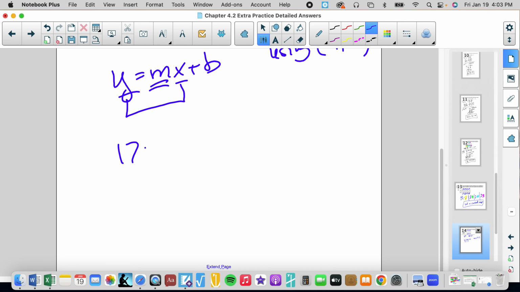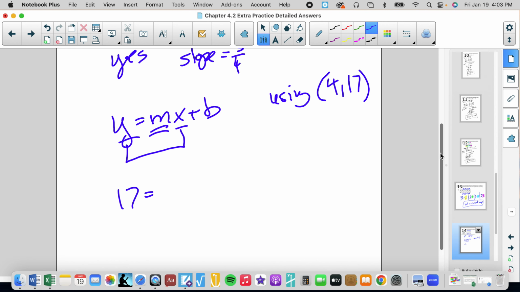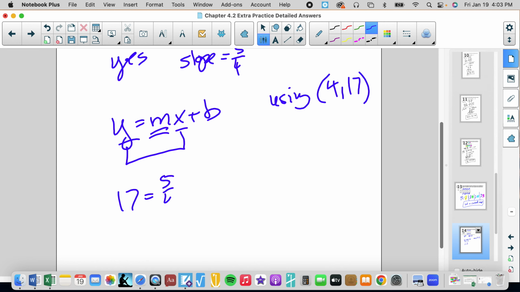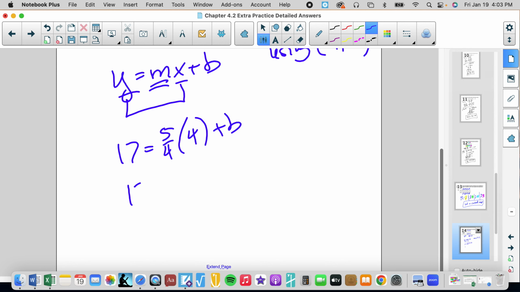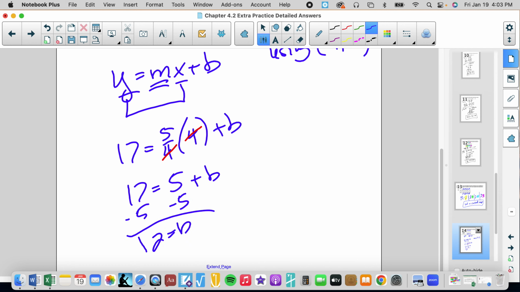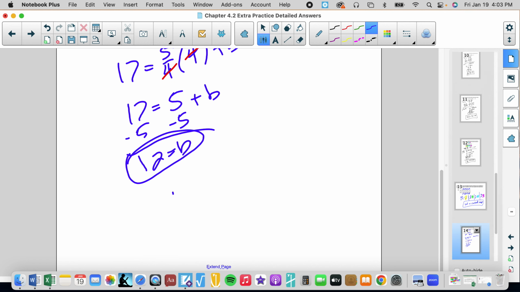So 17 equals, my slope is 5/4, that's my m, my x value is 4, and we can find my y-intercept. So 17 equals 5, because the numerator cancels with the denominator, plus b. Minus 5, minus 5. 12 equals b. So my equation is going to be y equals 5/4 x plus 12.